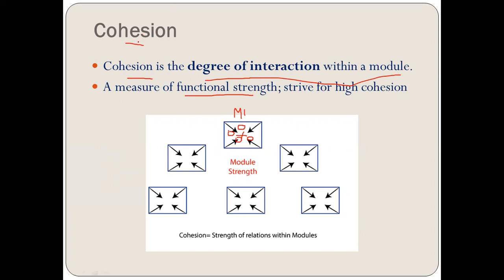That is why a good quality design strives for high cohesion, because a good module is one whose functional strength, or degree of interaction within the module, is high, right?